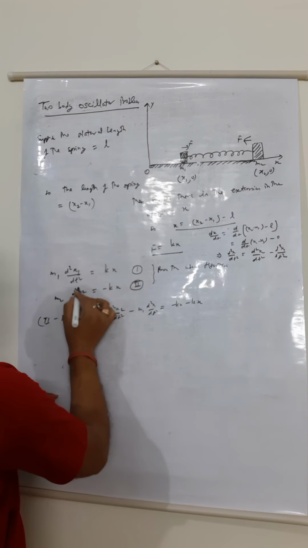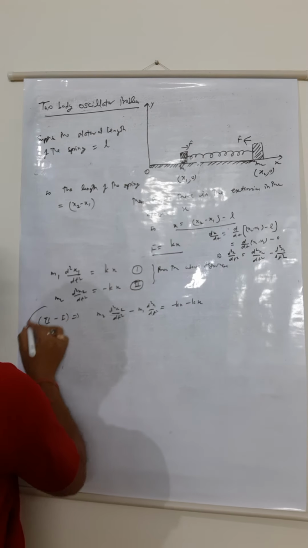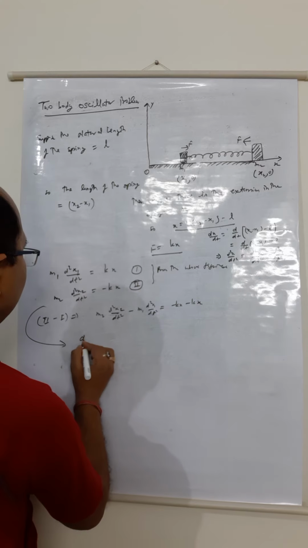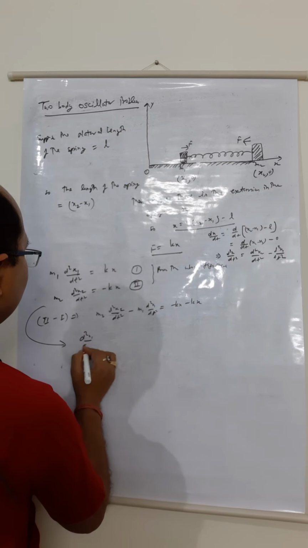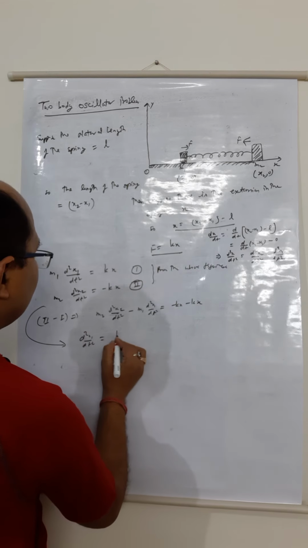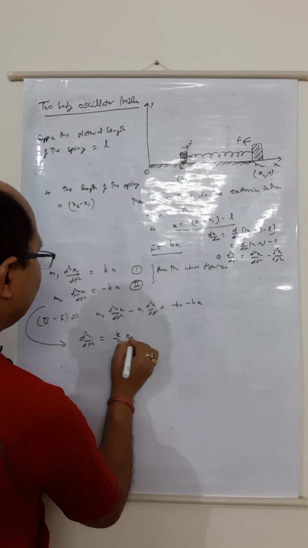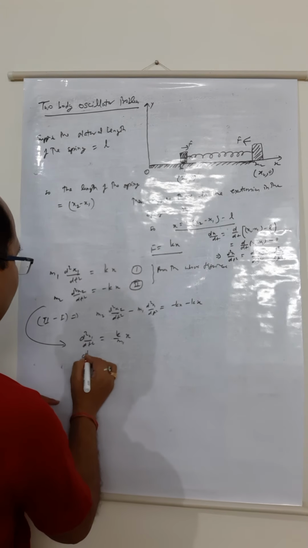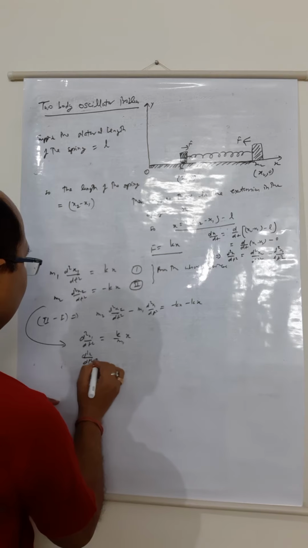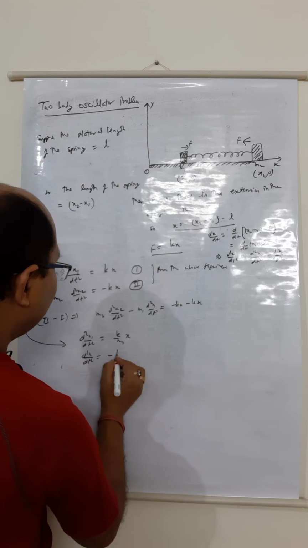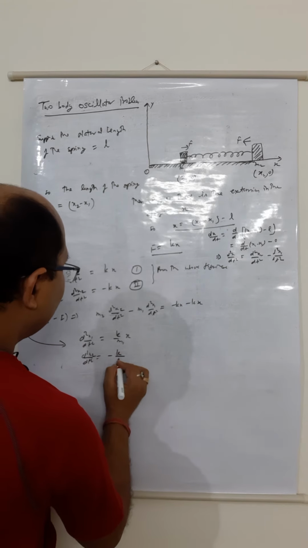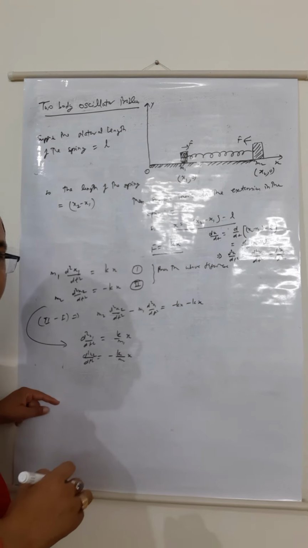But to solve this problem, we go as such: d2x1 upon dt2 is equal to k upon m1 times x, and d2x2 upon dt2 is equal to minus k upon m2 times x.